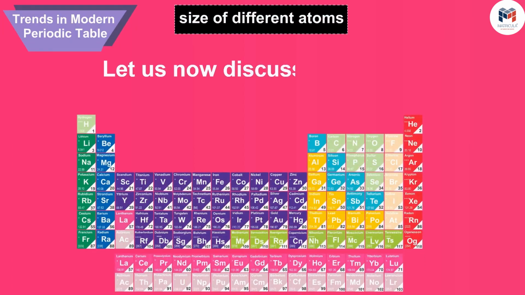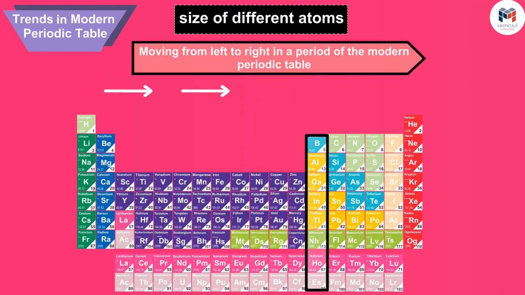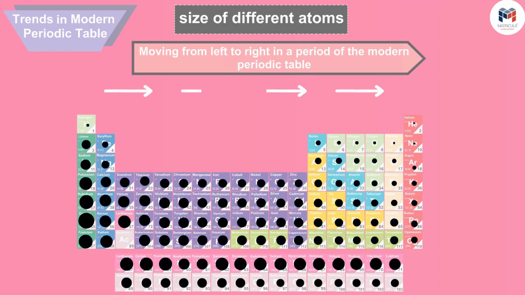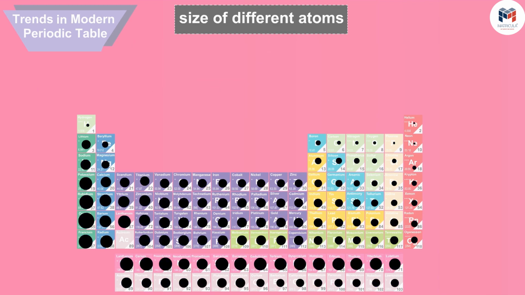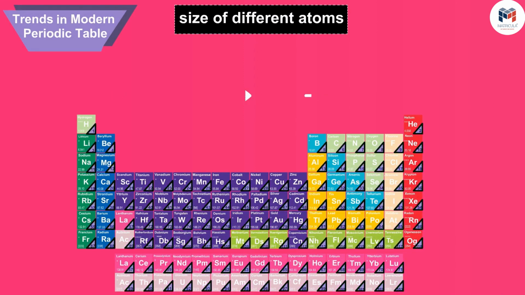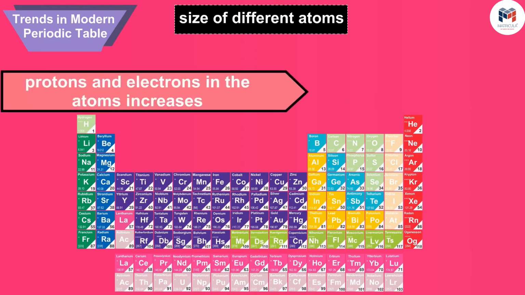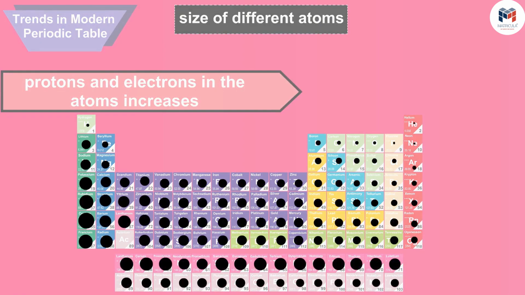Let us now discuss about the size of different atoms in a period. On moving from left to right in a period of the modern periodic table, the size of atoms decreases. As we move from left to right in a period, the atomic number of the elements increases, which means that the number of protons and electrons in the atoms increases.